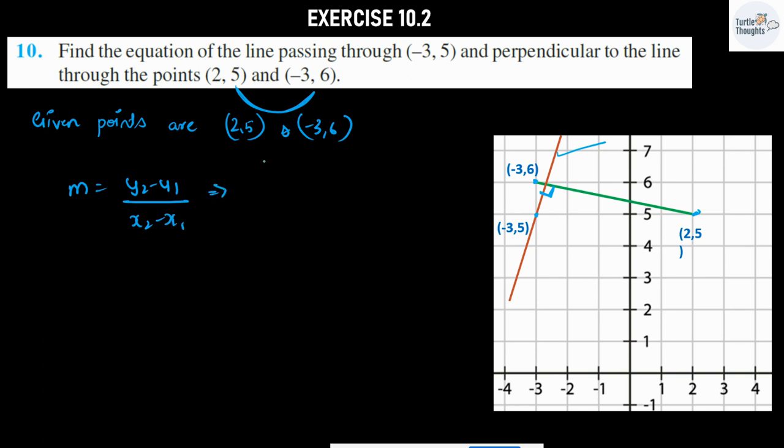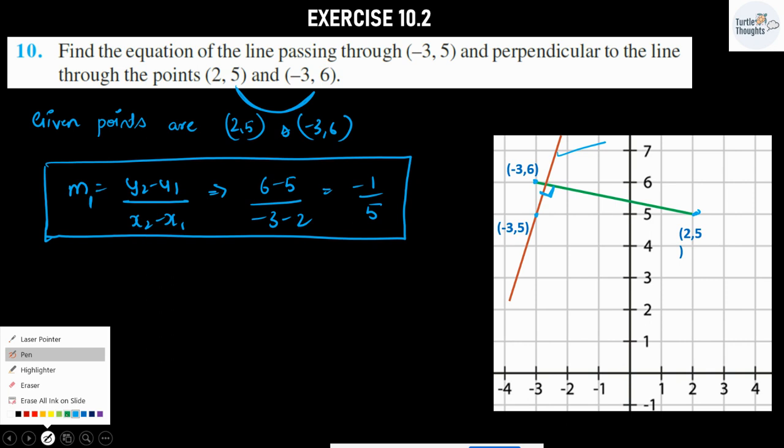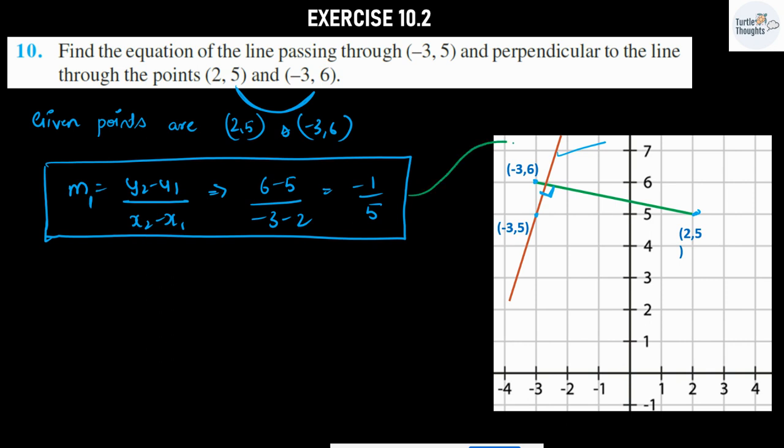So what is going to be the slope? Can I write it as 6 minus 5 over minus 3 minus 2? So will I be getting it as minus 1 by 5? Yes. So let me consider this as m1. So m1 is going to be minus 1 by 5. So this is the slope of the green line.